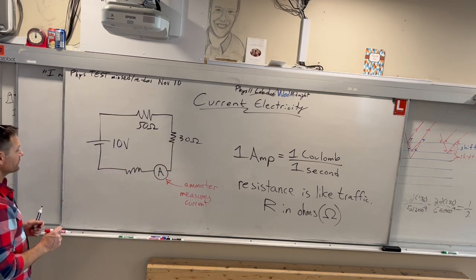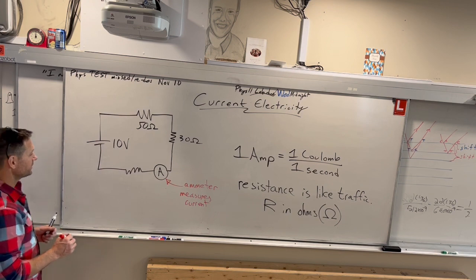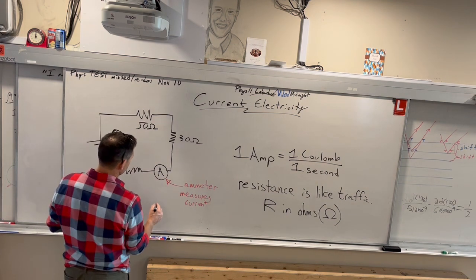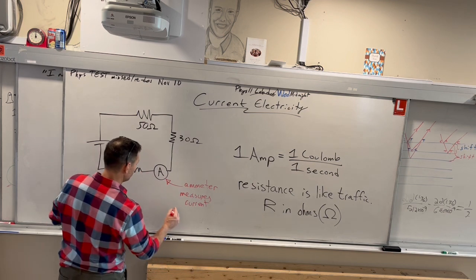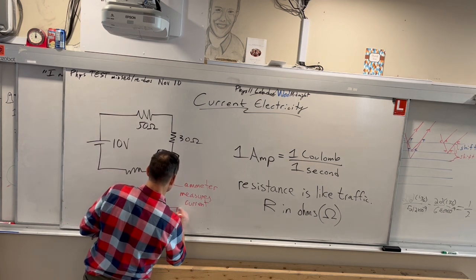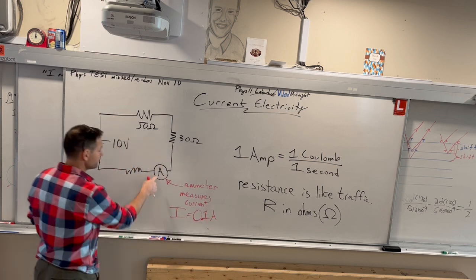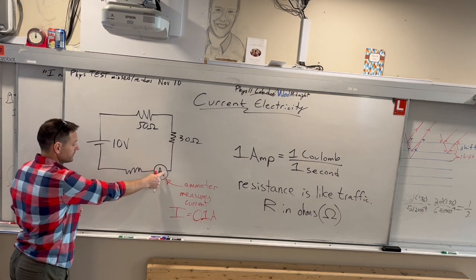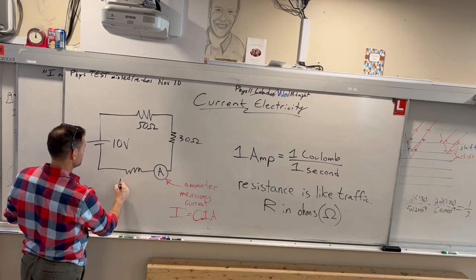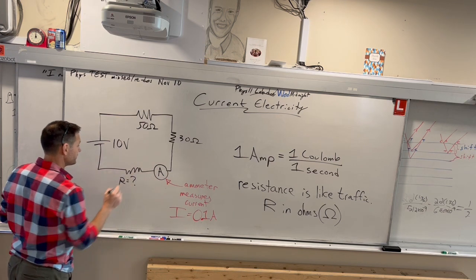Let's say that this measures 0.1 amps. So there's 0.1 amps right here, and the question is, what is the resistance of this resistor?